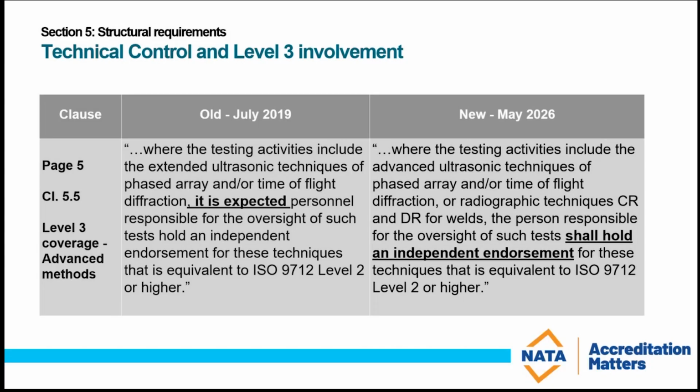So, an expectation. In the new annex, this is now a requirement, and we say personnel shall hold an independent endorsement for these techniques that is equivalent to ISO 9712 level 2 or higher. And this has also been expanded from phased array and TOFD to include SIA and DR for welds, so radiographic testing, SIA and DR for welds.